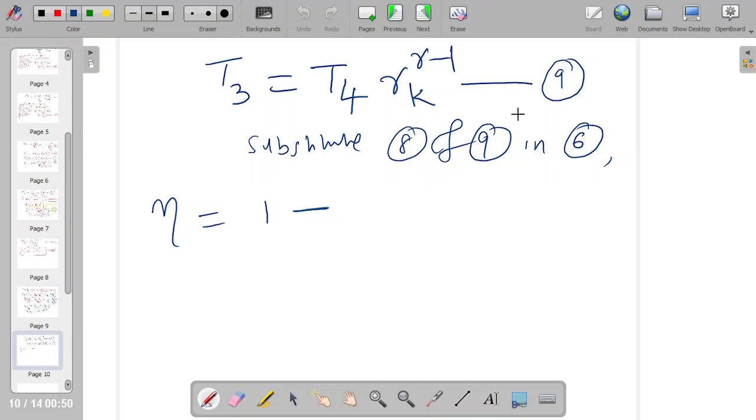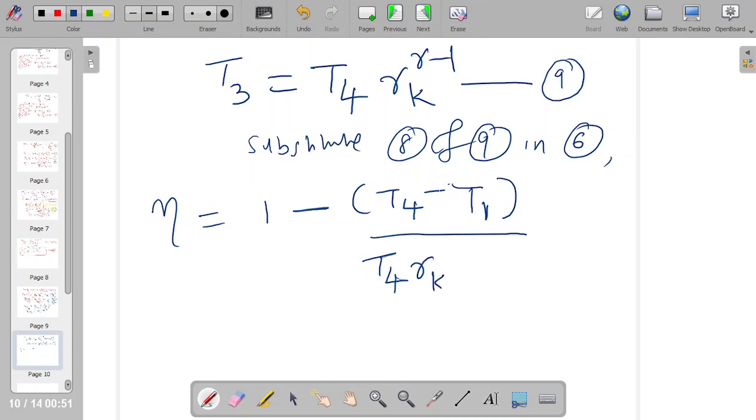So here we have T4 minus T1 in the numerator, that we will keep as such. And in the denominator we have T3, but T3 from equation 9 is T4 into combustion ratio raised to gamma minus 1, minus T2.